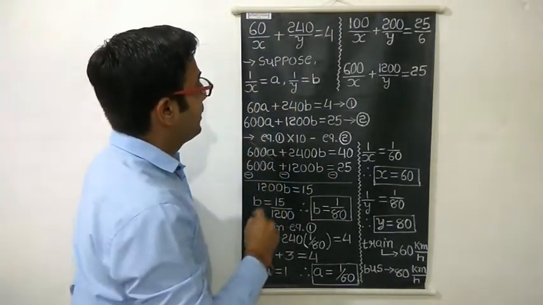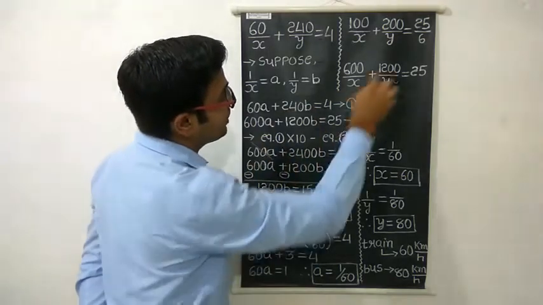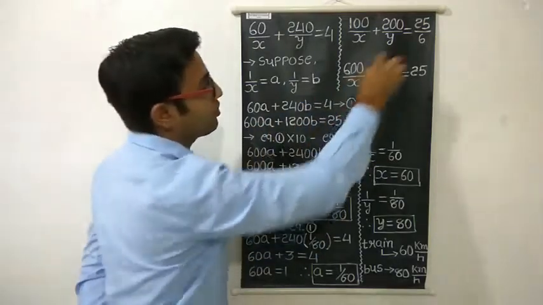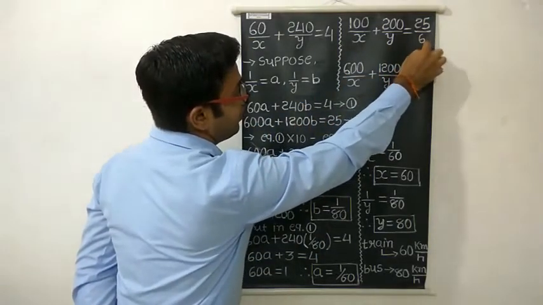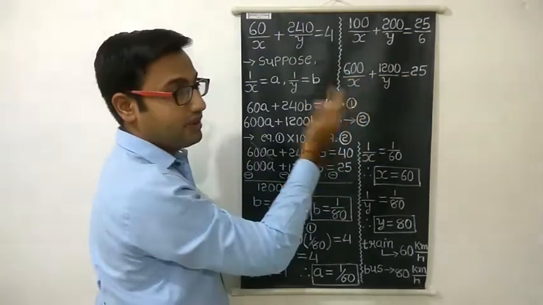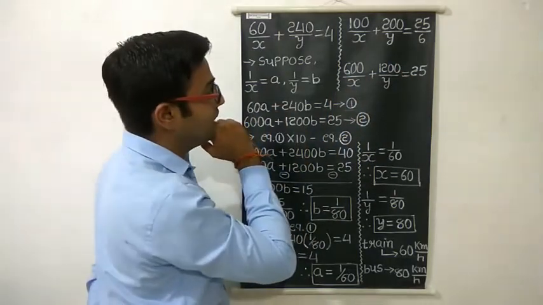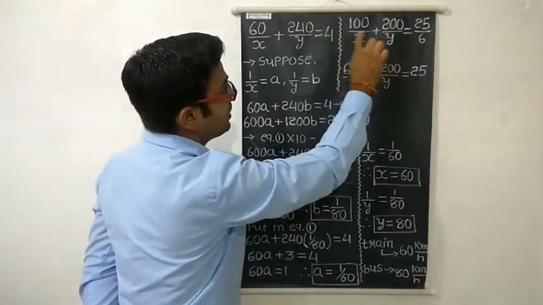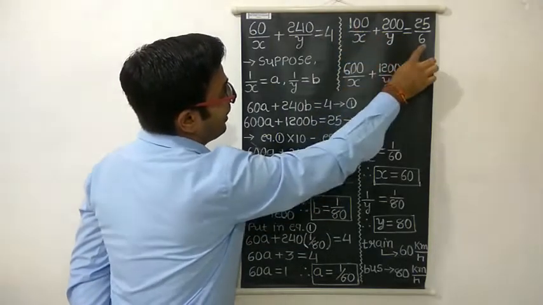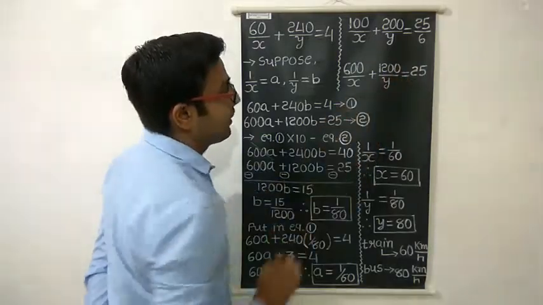So here one thing we have to do is this 6, we can take into the numerator because the right hand side is in the denominator. So if we take this 6 to the left hand side, it goes in the numerator and multiplies both these terms. So 100 becomes 600 and this 200 becomes 1200, right?